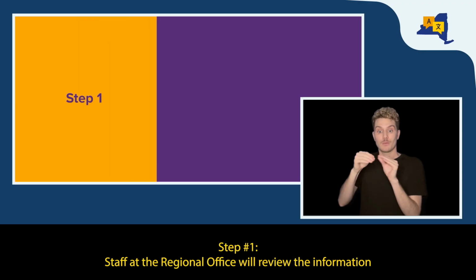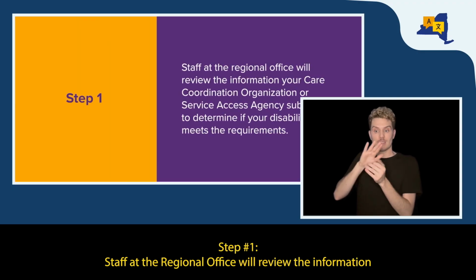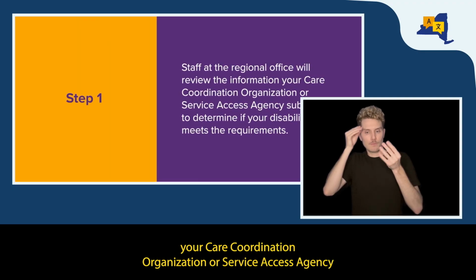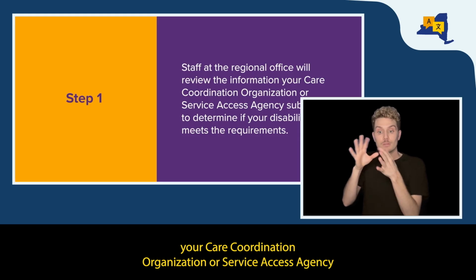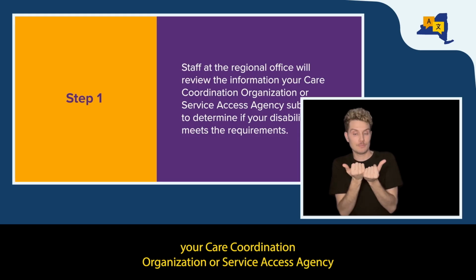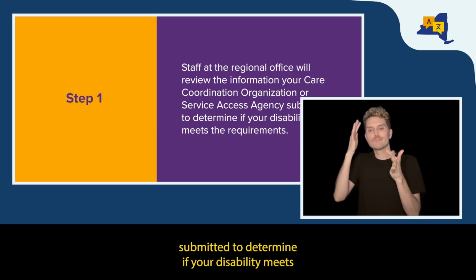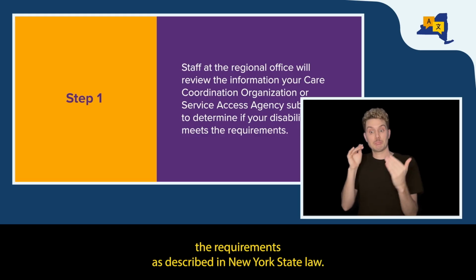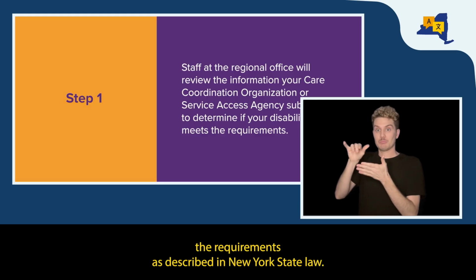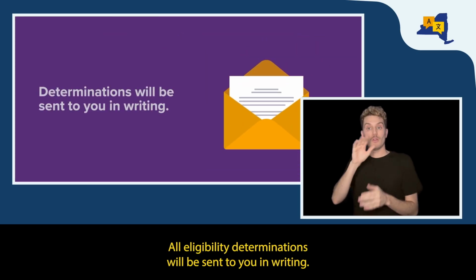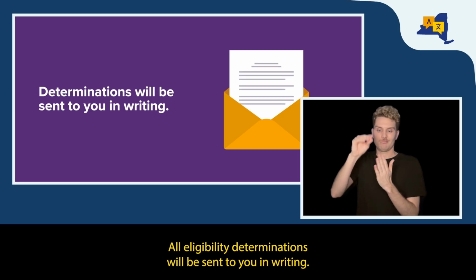Step 1. Staff at the regional office will review the information your care coordination organization or service access agency submitted to determine if your disability meets the requirements as described in New York state law. All eligibility determinations will be sent to you in writing.